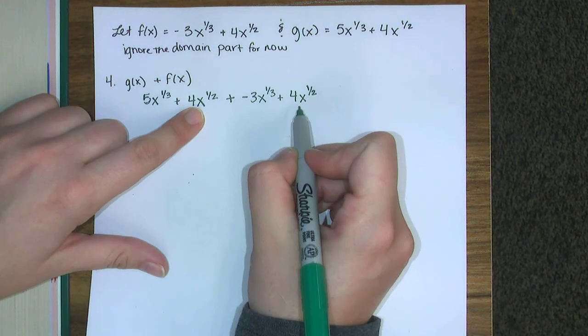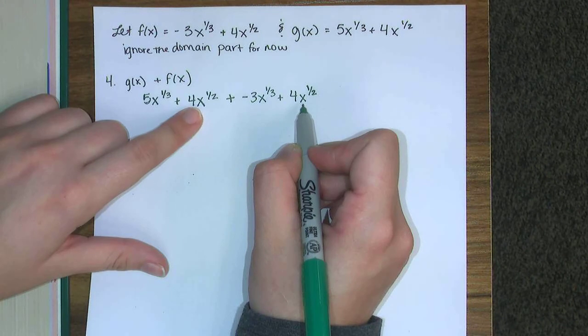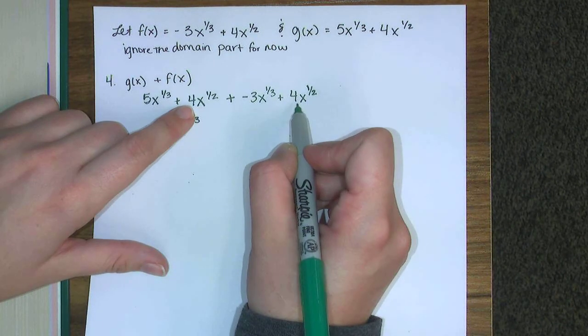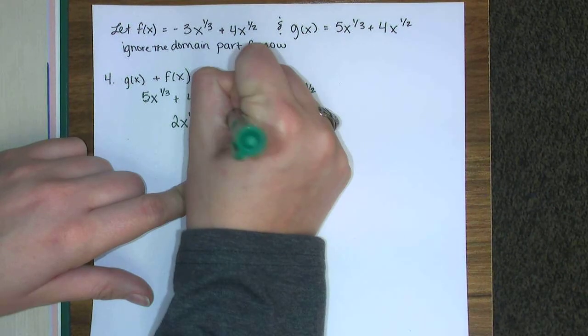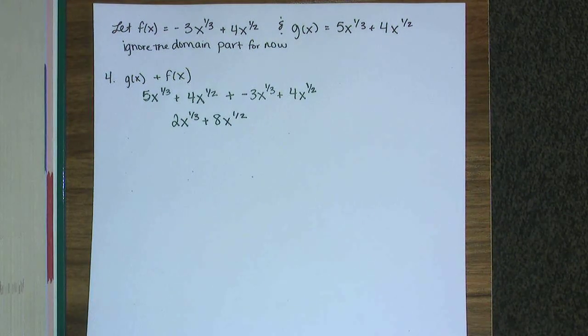Just if you're curious, the domain would be anything except for negative real numbers. If we were to write the domain, like I said, you're not responsible for this, but I do want you to see it.